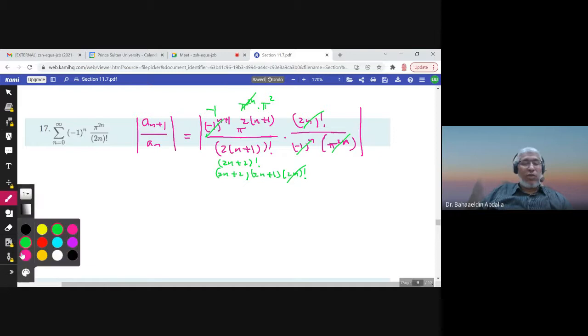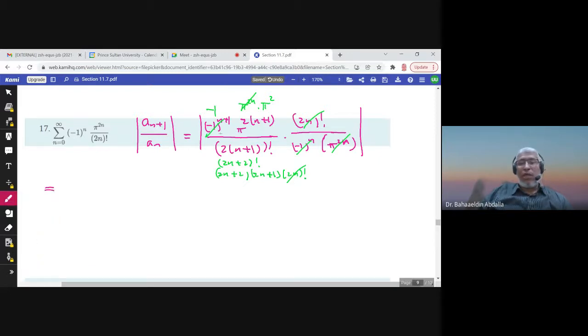So let us see what do we get. Negative 1 will disappear with the absolute value. I'll have pi square over 2n plus 2 times 2n plus 1.